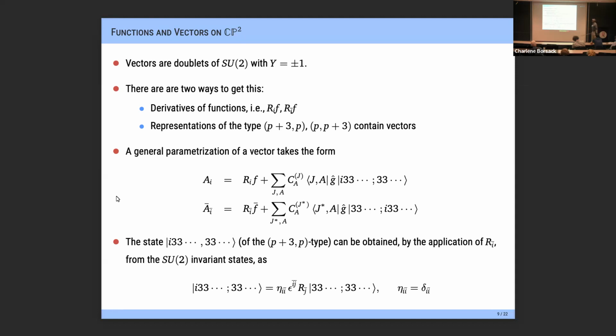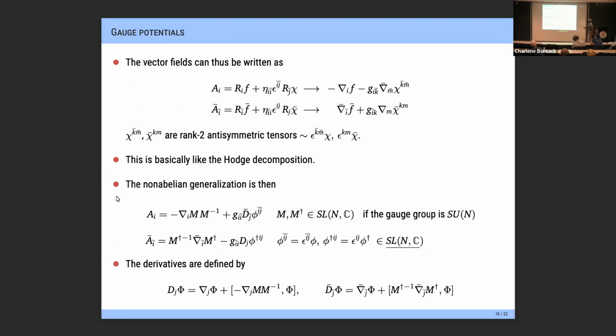Because I can write it like this, I realize that this parameterization can be simplified to look like this. There is a gradient of a function, and then there is essentially this quantity here, R bar going with A I and R going with A bar. If I take this group theoretic formula and translate it to standard world coordinate notation, this is what you find.